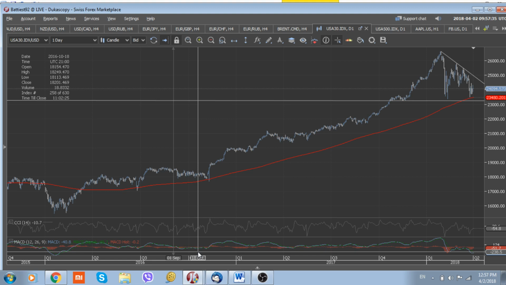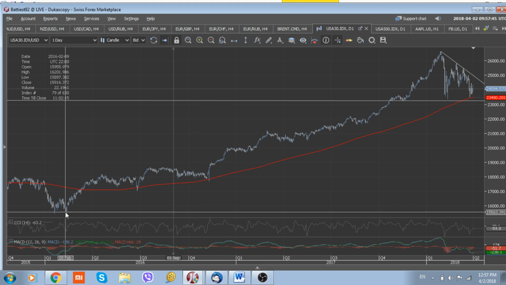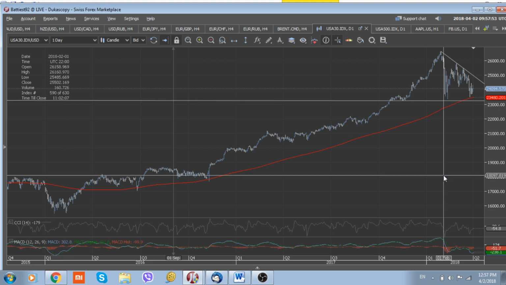As you know, many market participants said that during the period from February 2016 till January of this year, the stock market in the United States was on a very strong upside trend. Also, many market analysts started to point out a bubble in the stock market in the United States and in other parts of the world.